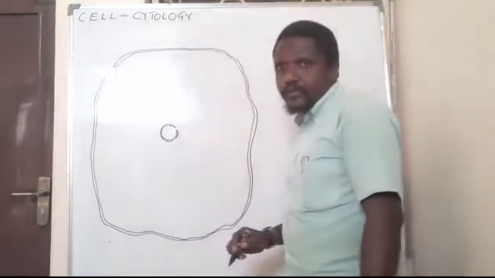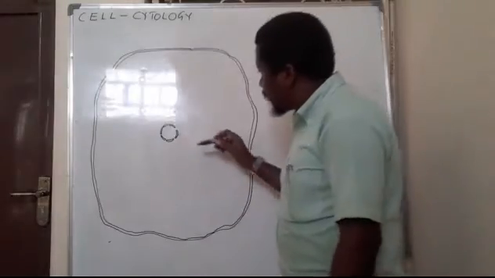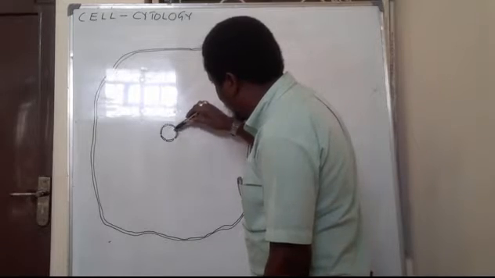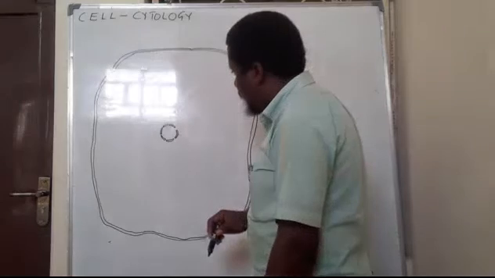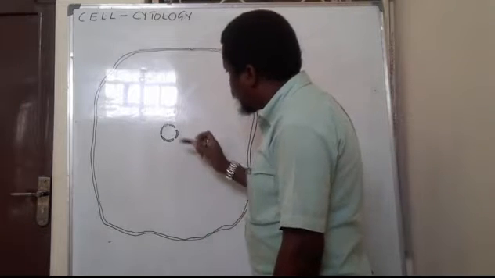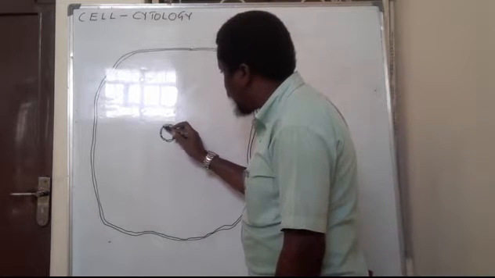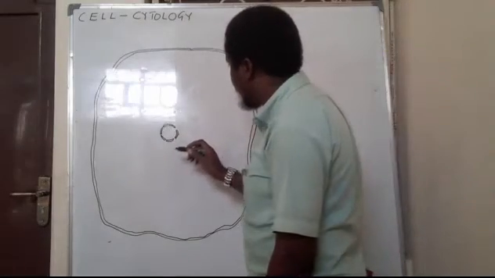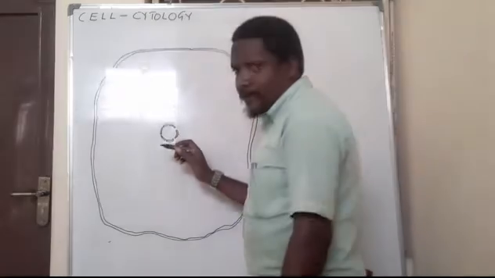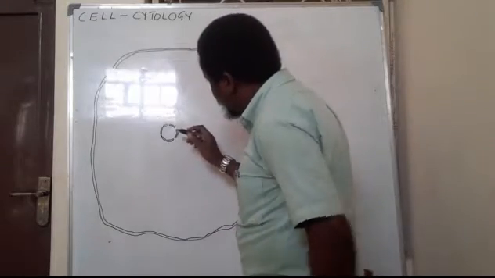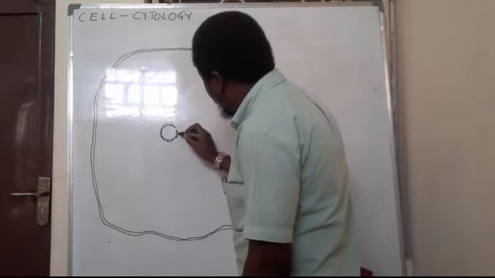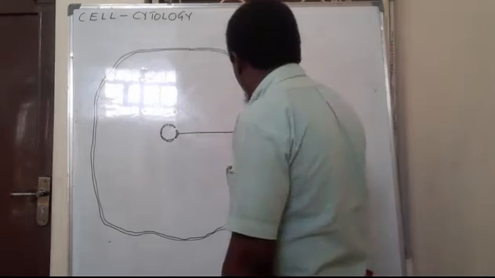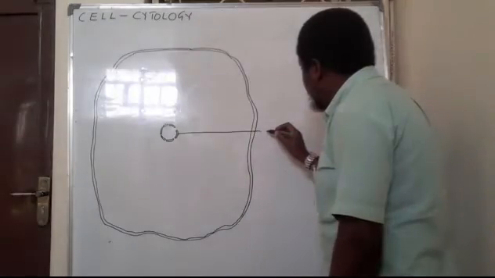When you look at it, you will see that there are some pores. And there is a membrane surrounding the nucleus, and we call it the nuclear membrane.